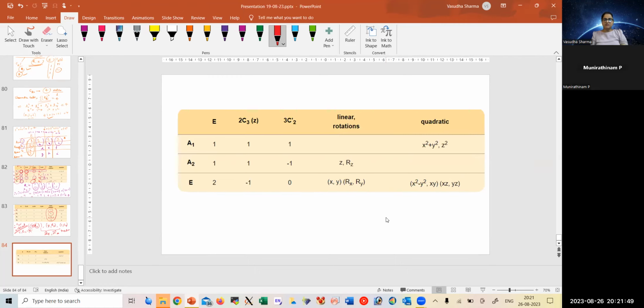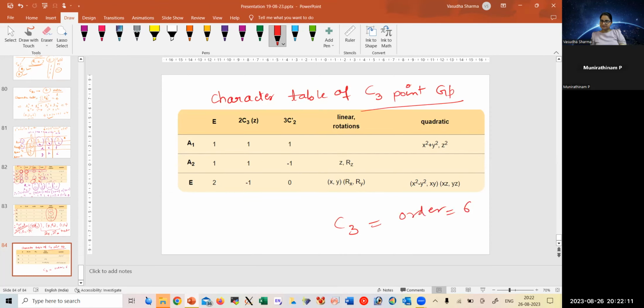So now this one is the character table of the C3 point group. C3 is having total order equal to 6. Now if we calculate 1 square plus 1 square plus 2 square, is it coming as 6? This is defining properly?